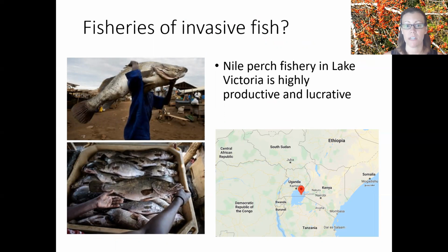Nile perch fishery in Lake Victoria is really productive, very lucrative for surrounding populations in Uganda and Kenya and Tanzania. So it's not just a story of, you know, the Nile perch is bad. This is also a story of the Nile perch supporting large populations of people who make their living based on fishing and selling Nile perch.